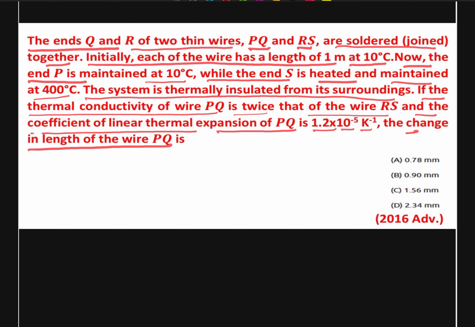So we are given that we are having two wires.